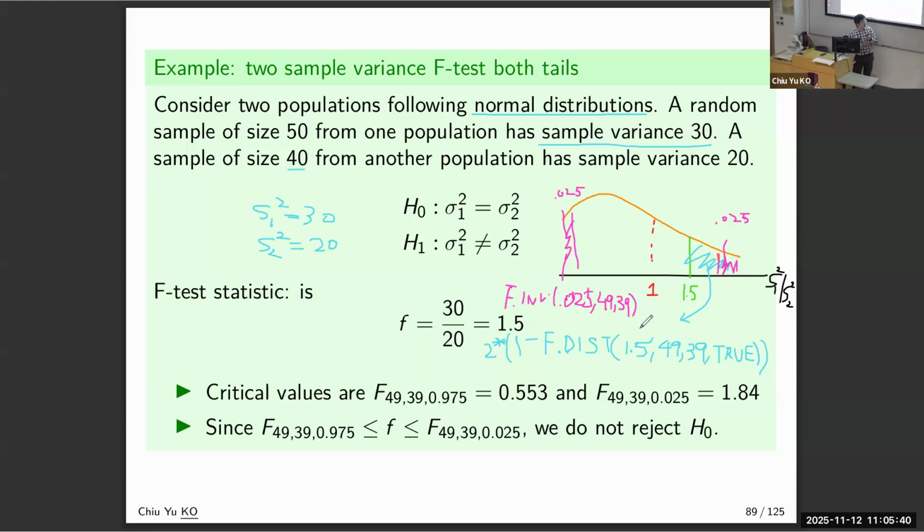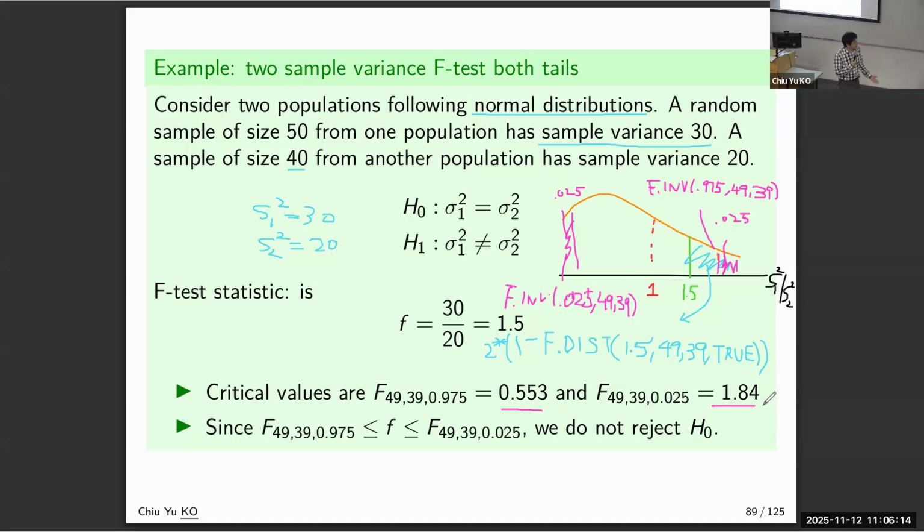The left critical value will be F.INV of 0.025, 49, 39. And the right critical value will be F.INV of 0.975, 49, 39. This Excel function will give you these two numbers: one is 1.84, one is 0.5.